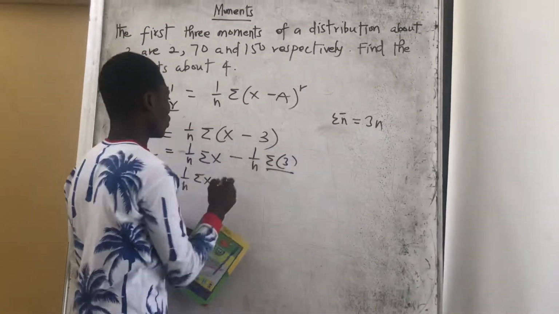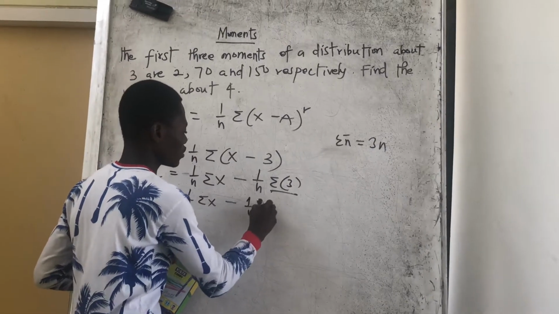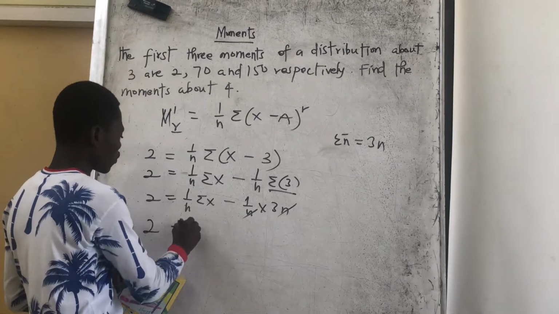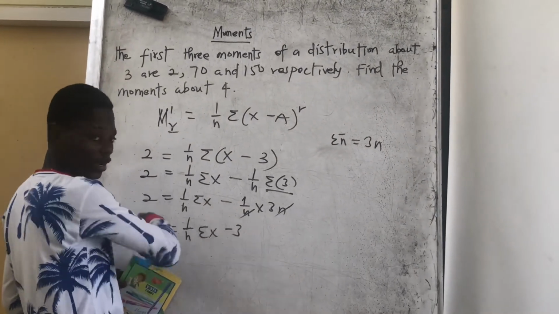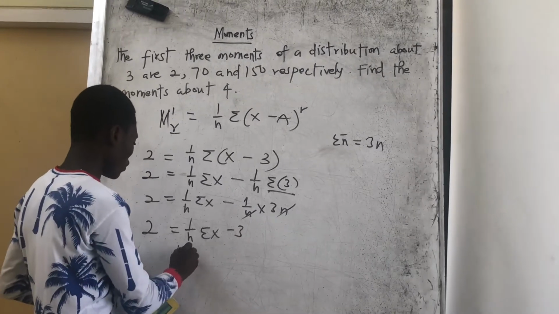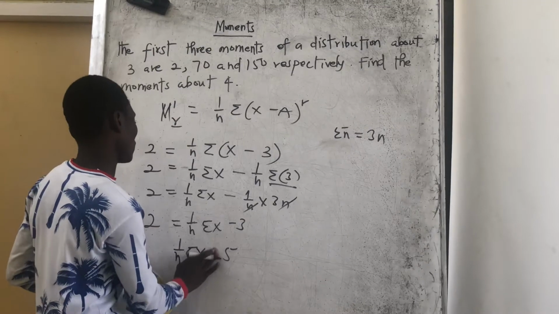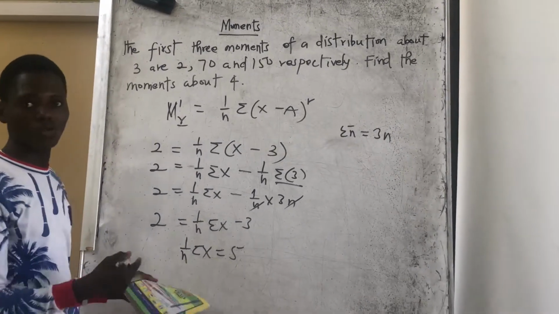So this is 1 over n times 3n, and the n and the n will cancel. So you are going to be left with 2 is equal to 1 over n sigma x minus 3. The 3 can come to the left hand side, so 1 over n sigma x is equal to 2 plus 3, which is 5. So 1 over n sigma x is equal to 5.